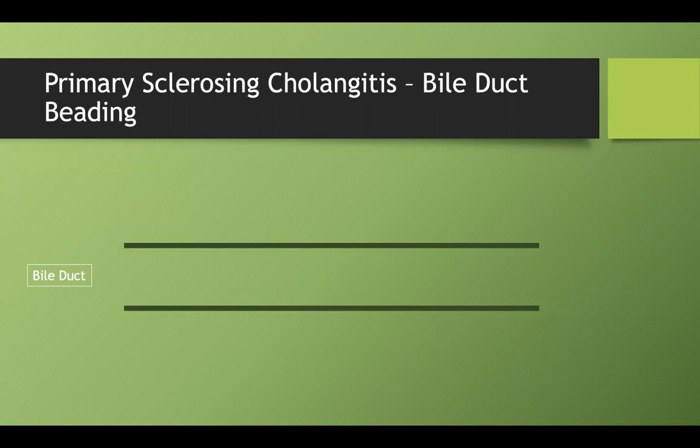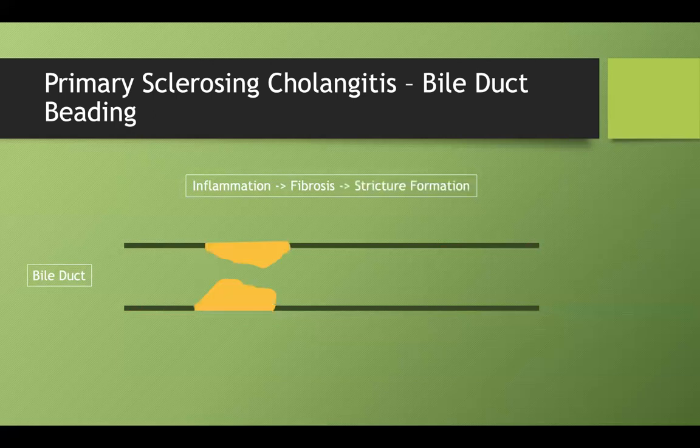So why is that happening? So in PSC, what's happening is that you get this inflammation of the bile duct, and some of that inflammation will not be repaired, but instead be replaced by fibrotic connective tissue. And some of that connective tissue has contractile abilities and can push in and start to constrict the lumen and form this stricture here.